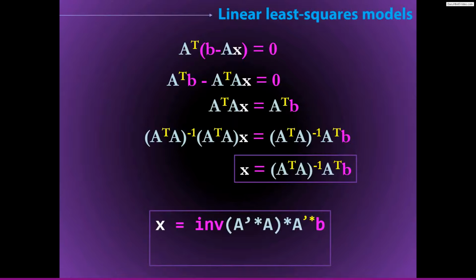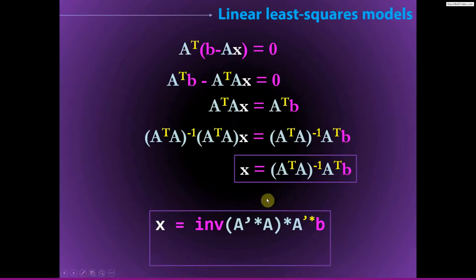In MATLAB, you would implement this equation by this code. Now it turns out that inverting matrices is kind of difficult for computers. And the bigger the matrix, and the more detailed the matrix, the harder it is to invert. And so in general, MATLAB tries to avoid actually computing the inverse whenever it possibly can.